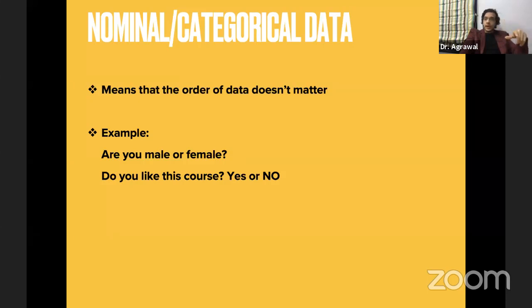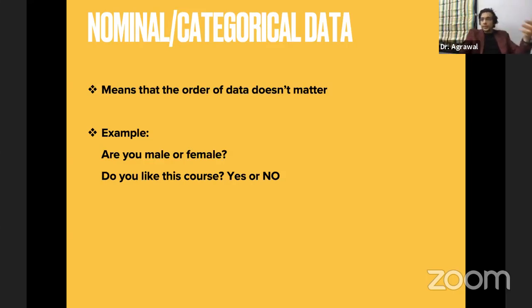Then comes the nominal and categorical data. Nominal or categorical basically means, are you male or female? Or if I ask you, do you like this course? Yes or no? That's what categorical means: there are categories, but there won't be an order to them. Suppose I ask you, what color of shirt are you wearing today?